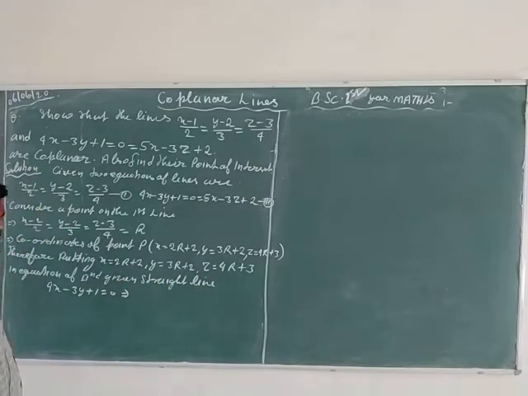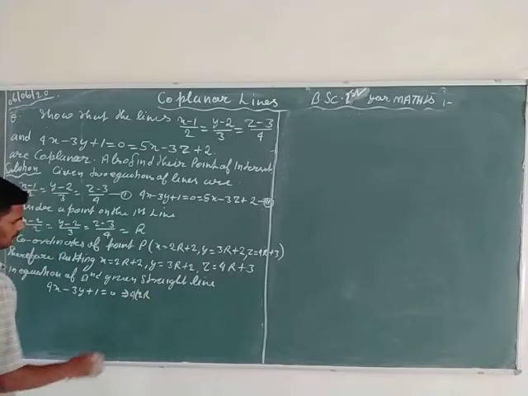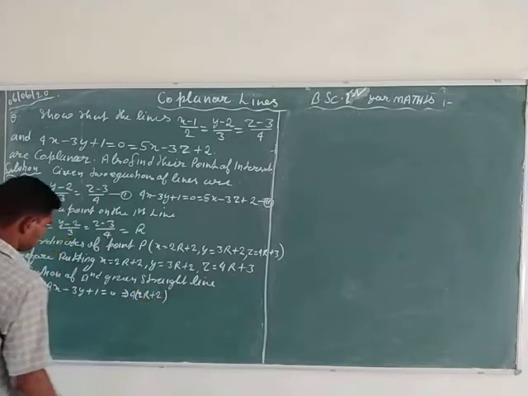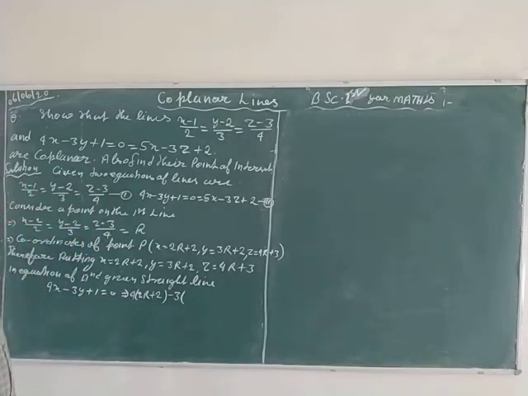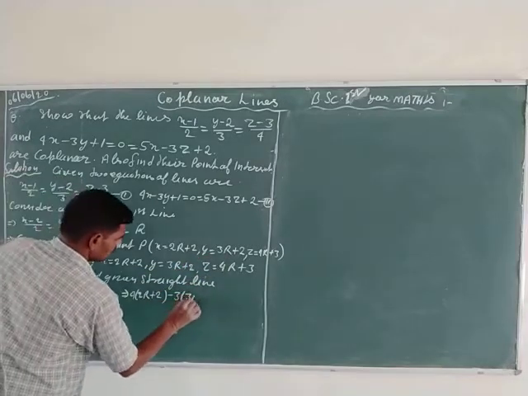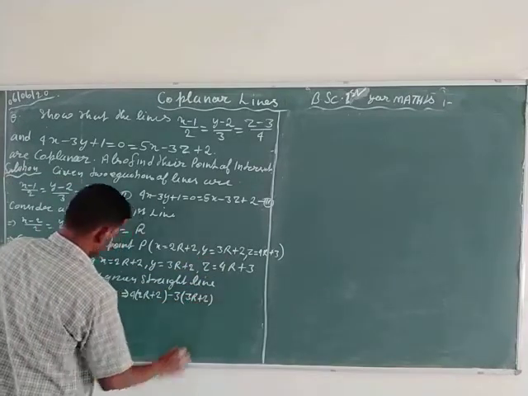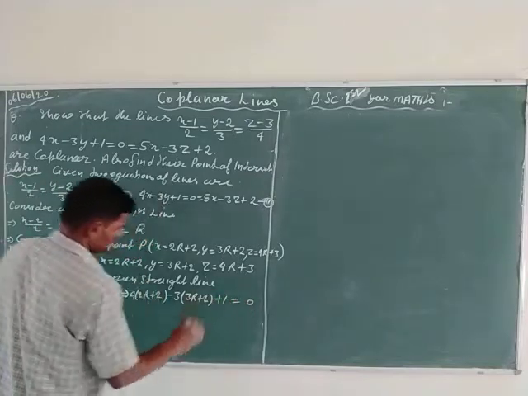x is equal to 2r plus 2, so 4 times (2r plus 2) minus 3 times (3r plus 2), at last plus 1. So write plus 1 is equal to 0.